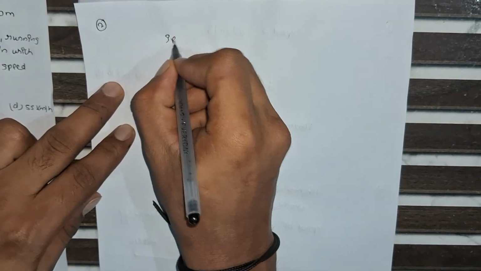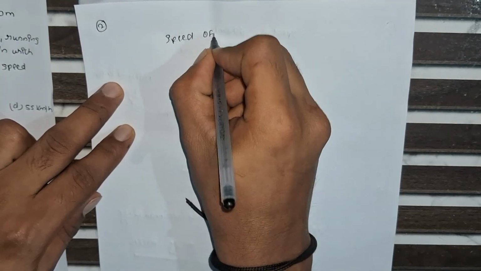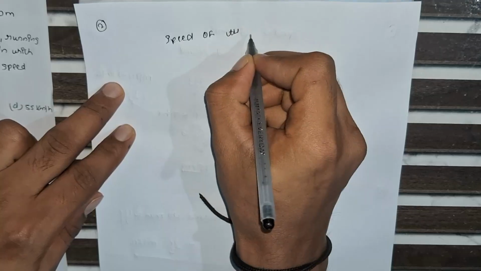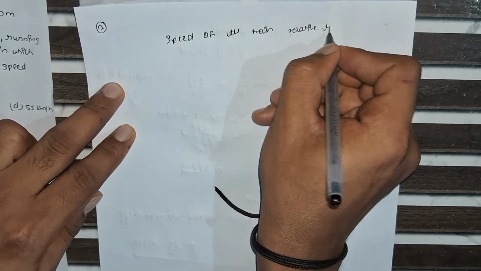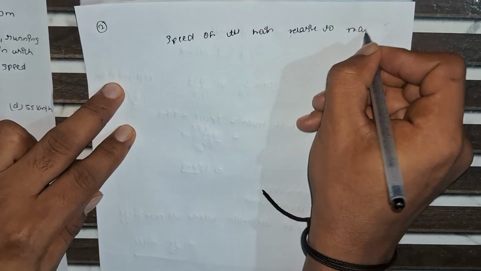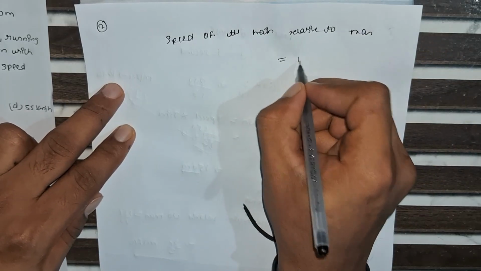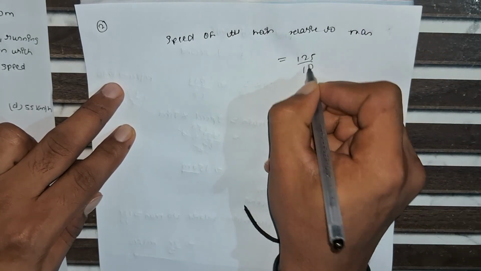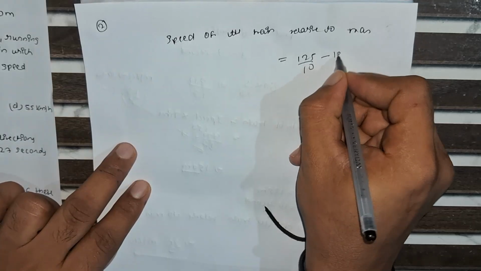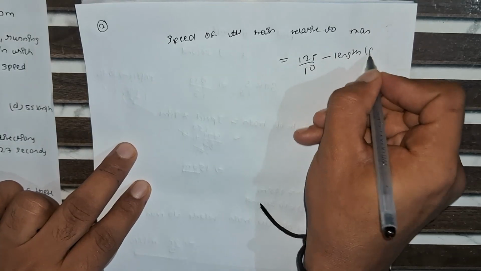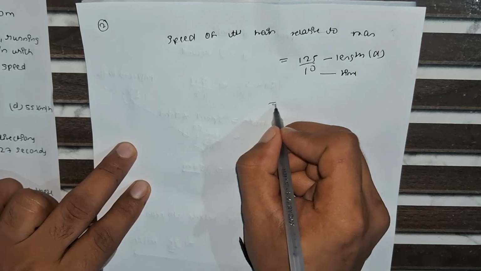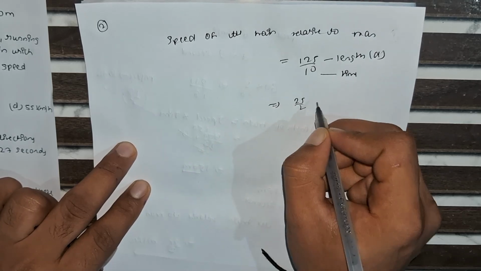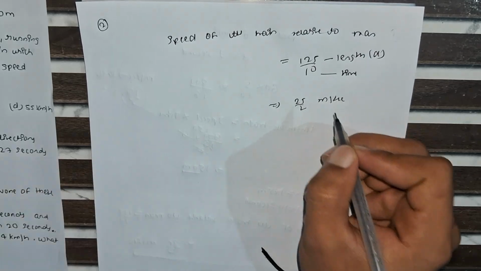So the speed relative to the man is 125 by 10, where 125 is the length of the train, the distance, and 10 is the time. When you solve, you get 25 by 2 meter per second.